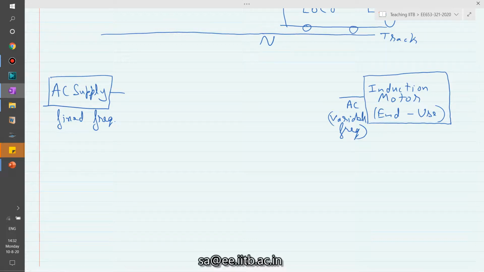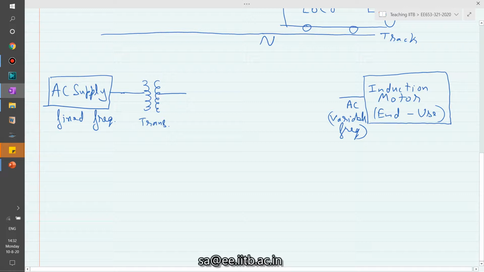So usually this is what happens. Usually this goes to a transformer which is on board the locomotive, right? This transformer converts medium voltage to low voltage. And then you have an AC to DC converter, which converts fixed frequency AC into DC.